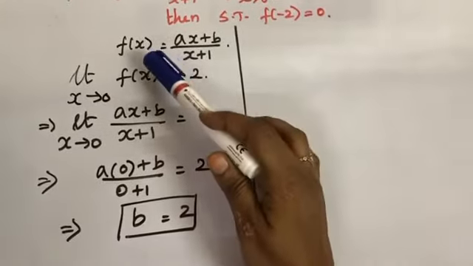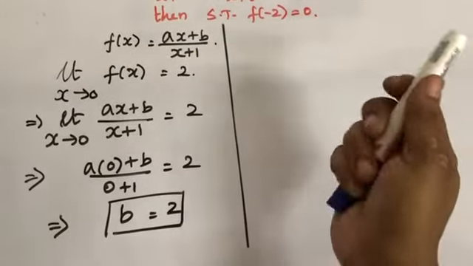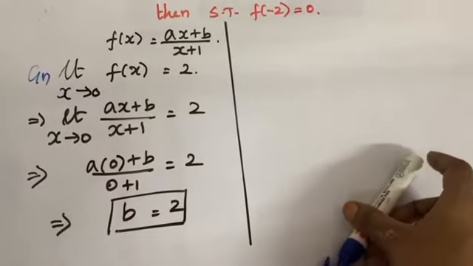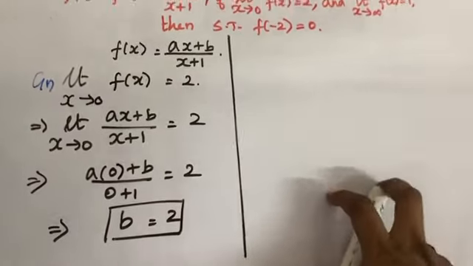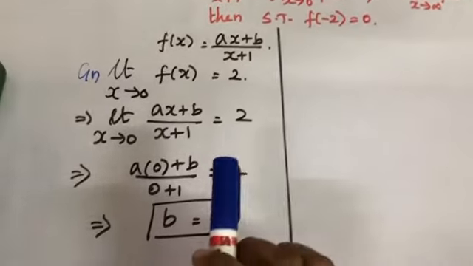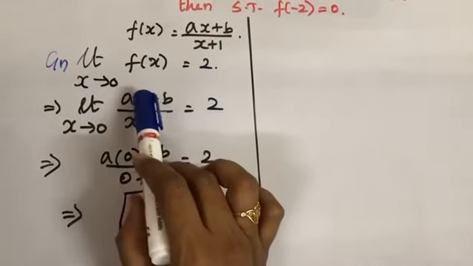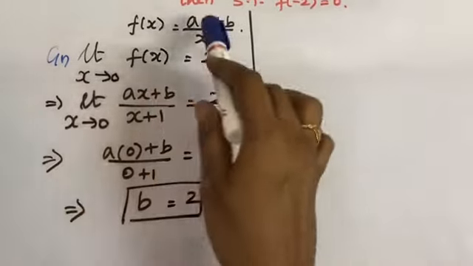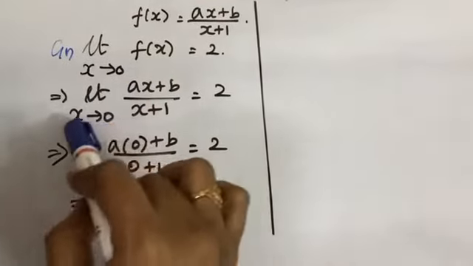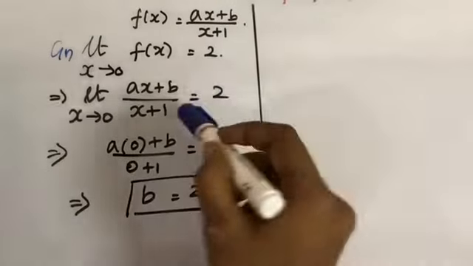First, it's given that limit x tends to 0, f of x is equal to 2. So limit x tends to 0, ax plus b divided by x plus 1 is equal to 2.